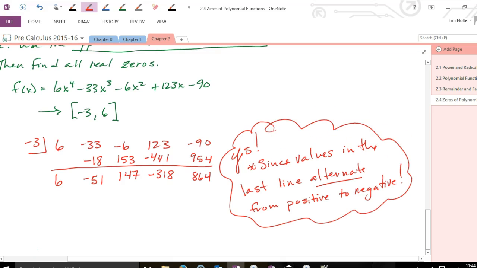So that's how you can tell if something is actually a lower bound: if you do synthetic division and they alternate.